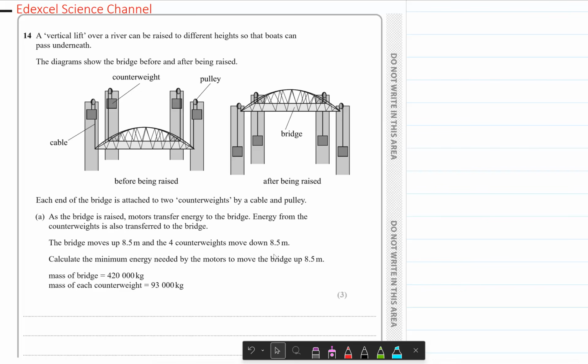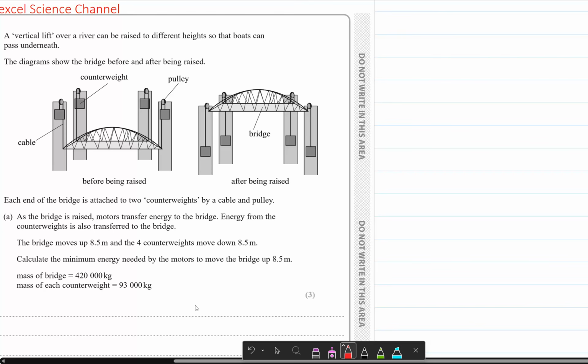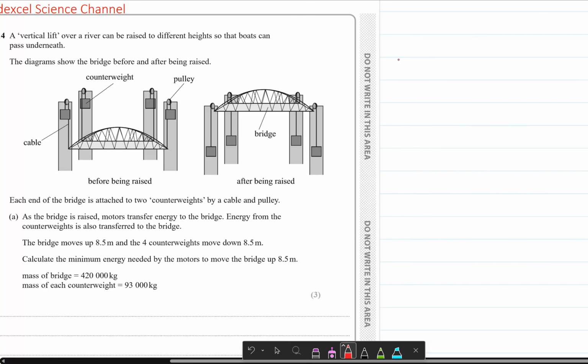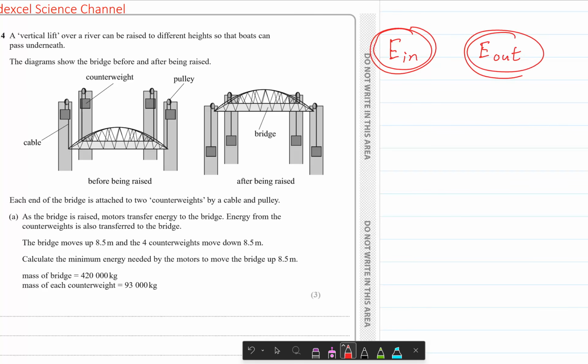In such questions, it can be a little confusing how to approach it. The easiest way is to figure out what the energy in is and what the energy out is: where is the energy coming from and where is it being spent?